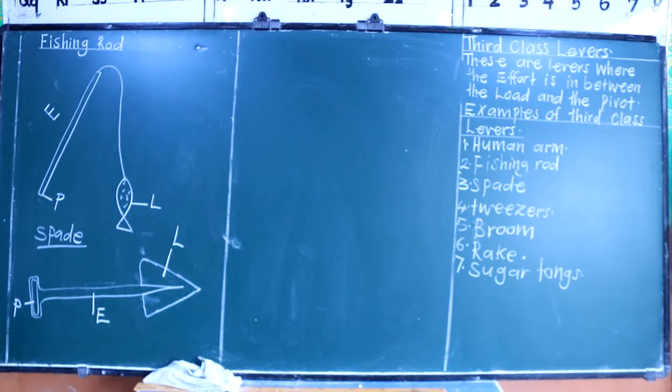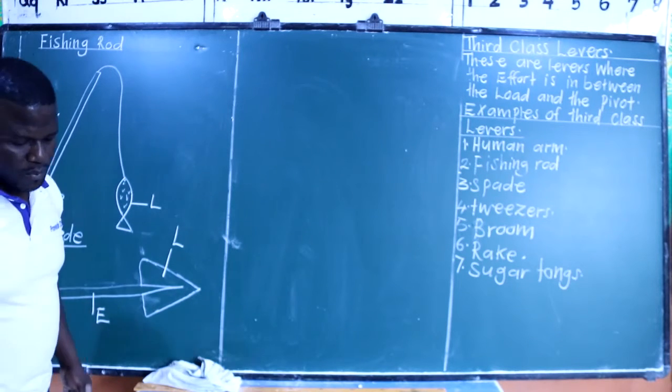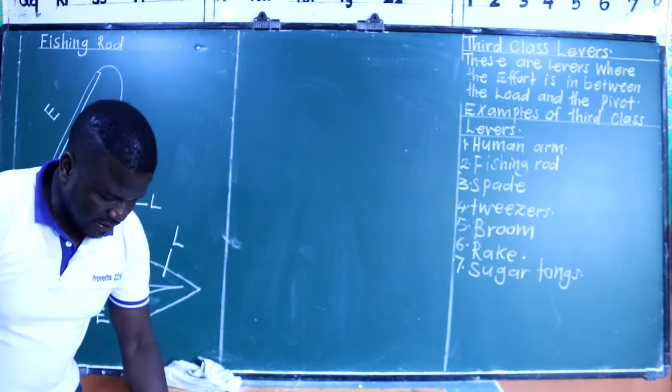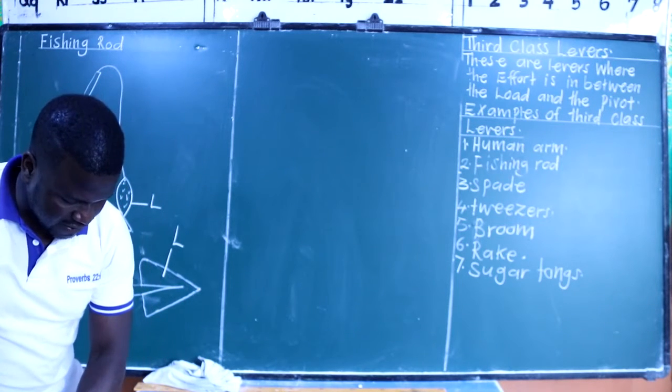So the reason why I said it is under third class levers is because the effort is in between the load and the pivot. As simple as that. Then there are some things we need to note about third class levers.